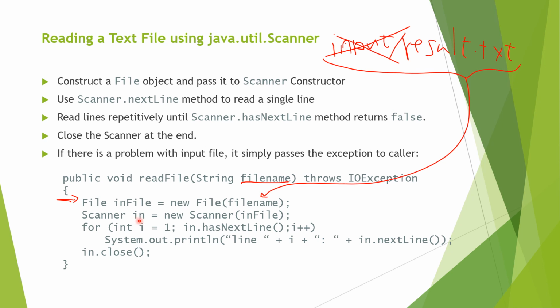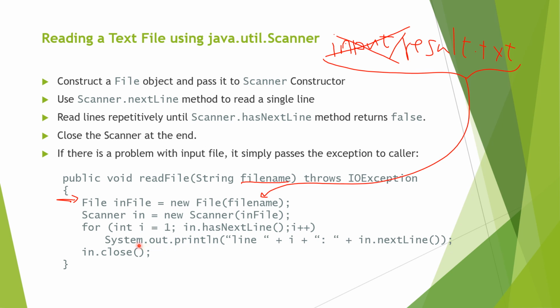How do I read the file content? This for loop basically goes over every single line of the file and reads each line separately. In the first iteration, i is 1, and as long as in.hasNextLine, which is a method that returns true if there is a next line in the file, returns true, I'm going to print out the next line.